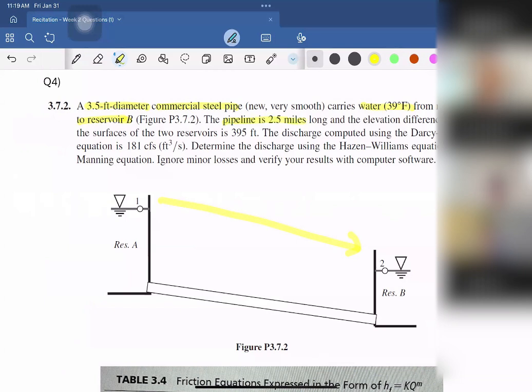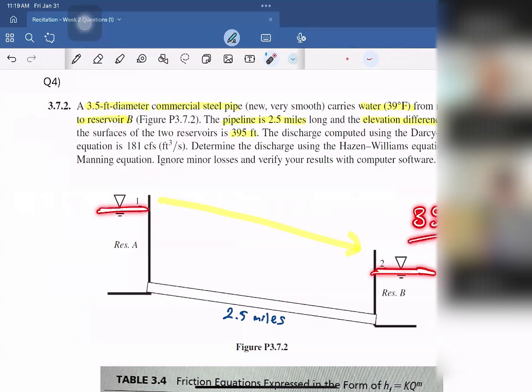And the pipeline is 2.5 miles. The elevation difference between reservoirs is 395 feet. So with this surface and this surface, we have 395 feet of elevation.